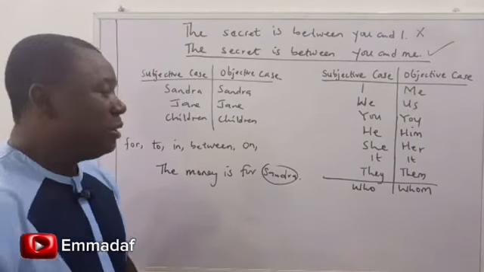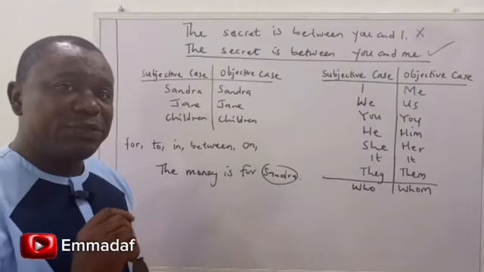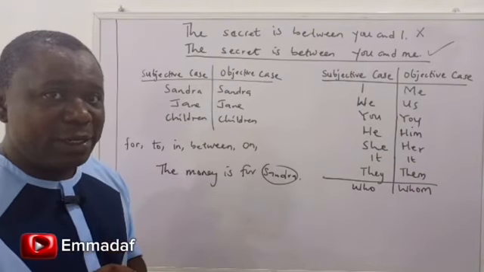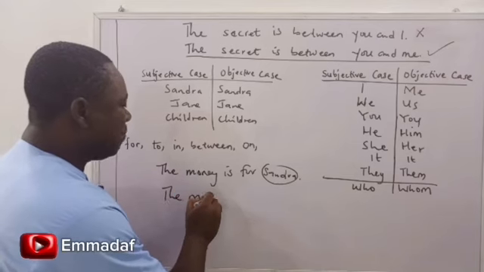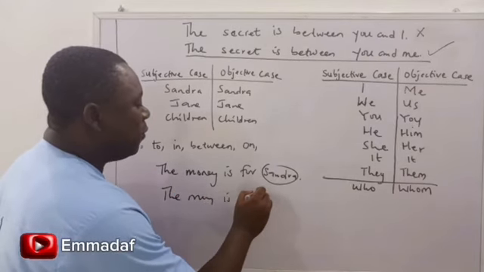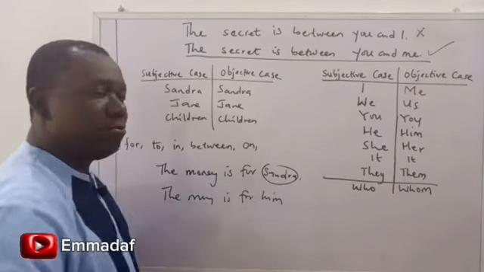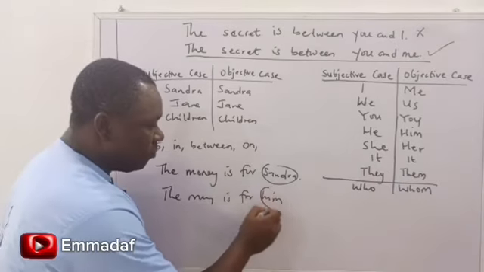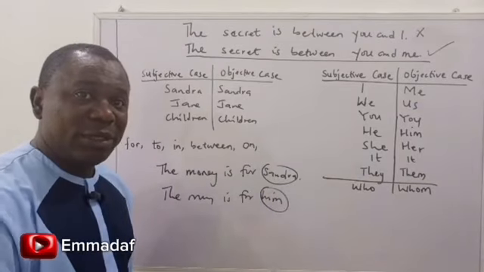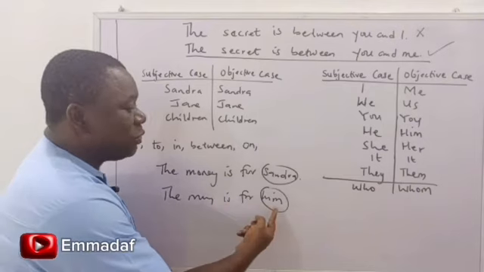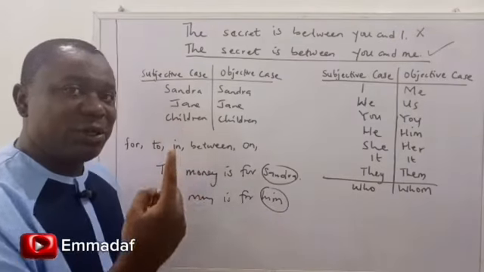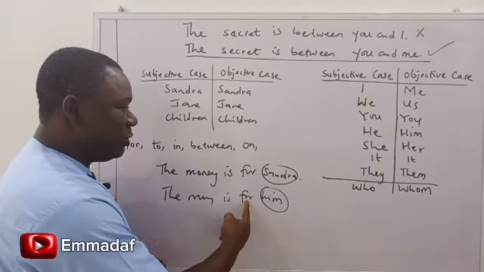Sometimes too, the preposition is followed by a pronoun. The money is for him. Him is a pronoun and it is following this preposition. So this word here is the object of the preposition.